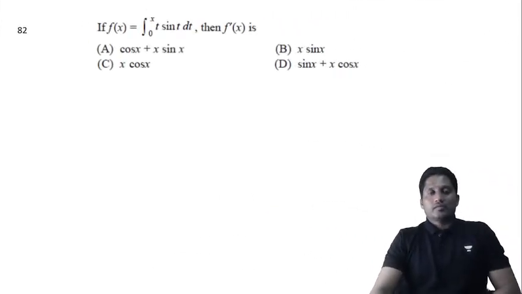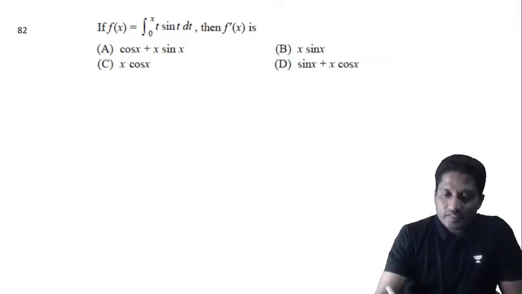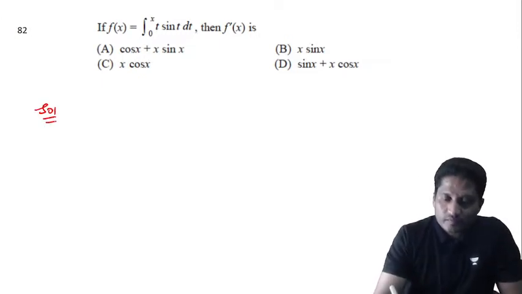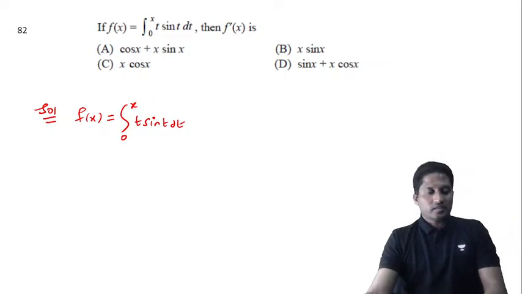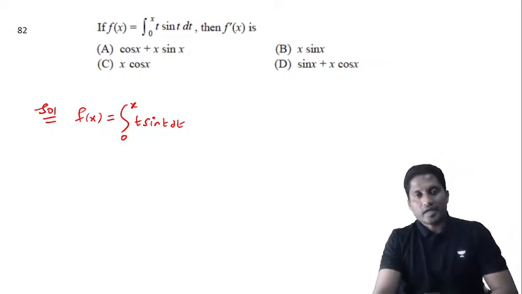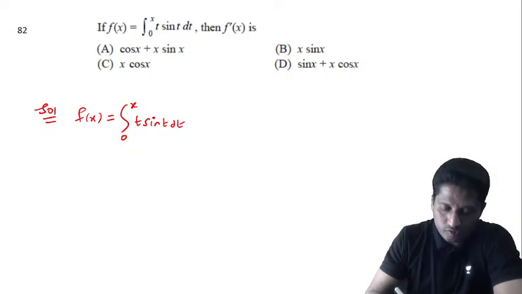Question number 82. F of x is equal to integral 0 to x, t into sin t dt, and I am supposed to find out f dash of x. Now see, this is actually Leibniz rule, differentiation of a definite integral.